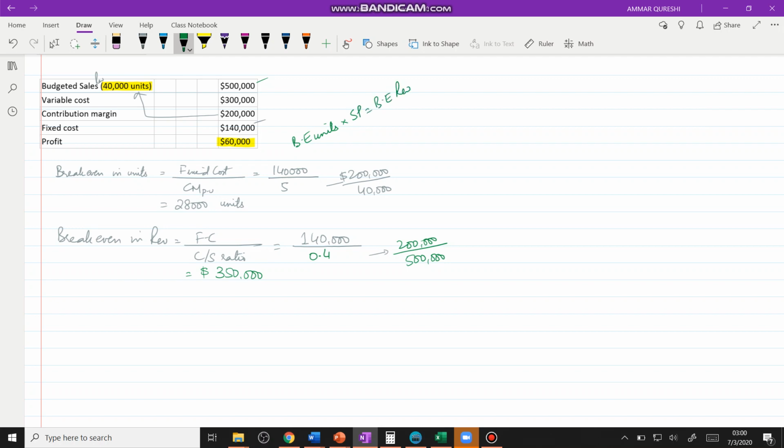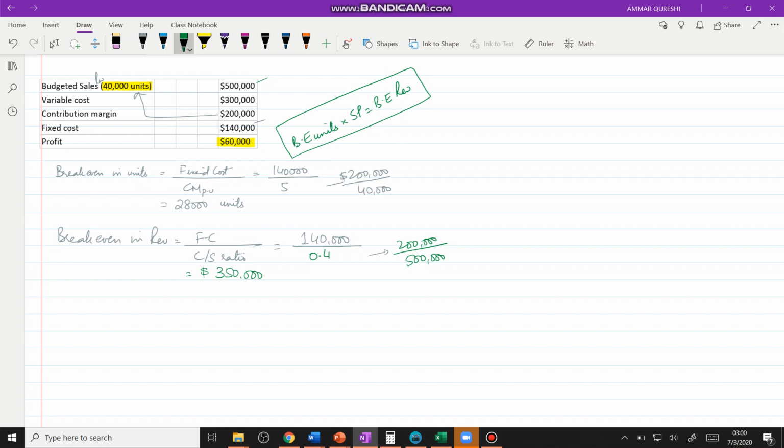But I personally think that this is a shortcut. If the examiner only asks you to calculate break-even in revenue, what will you do? You will calculate break-even in units first and then calculate revenue. It will show the examiner that you don't know how to calculate break-even in revenue directly, right? So that's not a good sign. So this is basically the calculation of break-even, simple calculation.